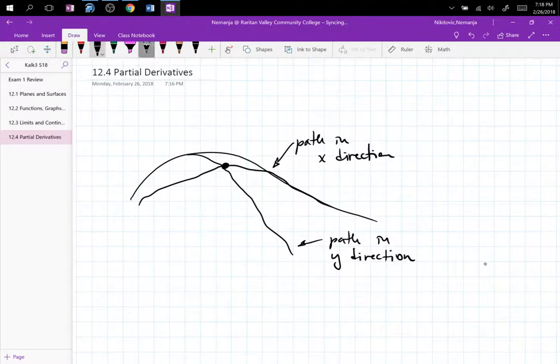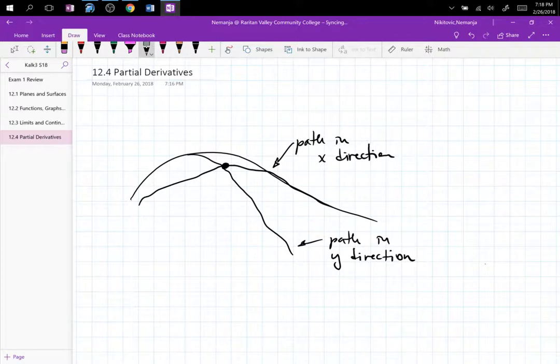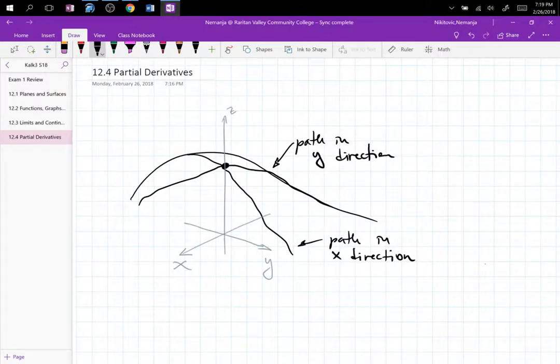Now, I'll use the pencil for this, to make the coordinate system over here. Oh, I labeled this wrong. I wanted this to be x and this to be y, so swap these, the black x and y. There we go.